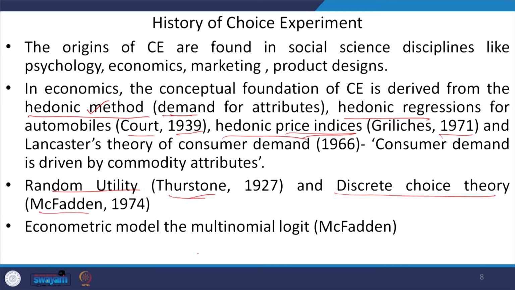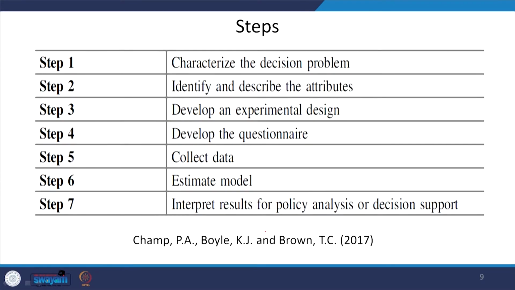And moreover, so far as the econometric model is concerned, again McFadden developed the multinomial logit in order to apply this discrete choice theory or random utility theory, that is dealing with the choice data.